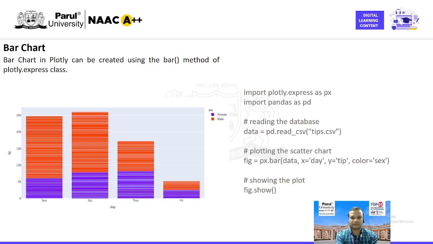Okay, plotting the bar plot here, fig is equals to px.bar, then give some parameters here, showing the plot. So after execution of this code, you will receive this type of bar chart. It is totally different from Bokeh, Matplotlib or Seaborn.